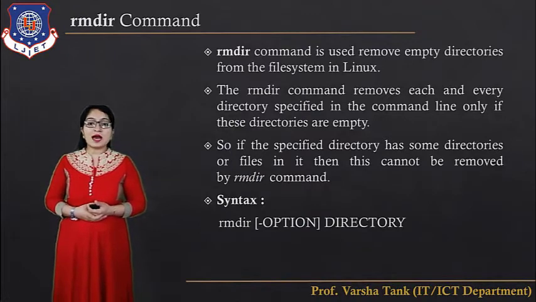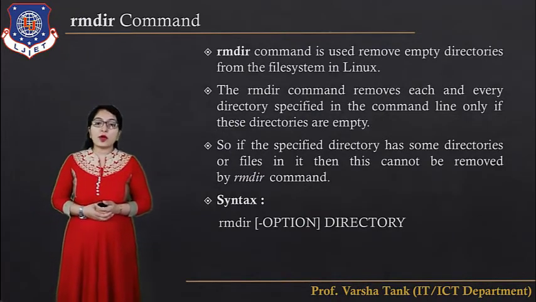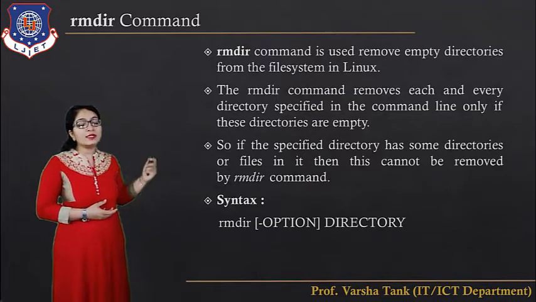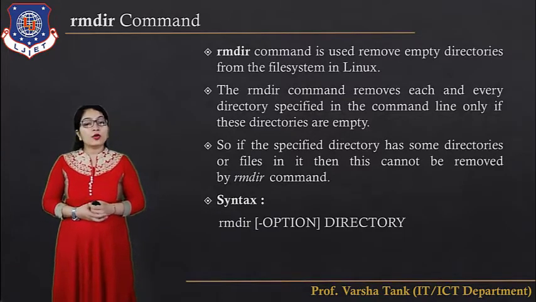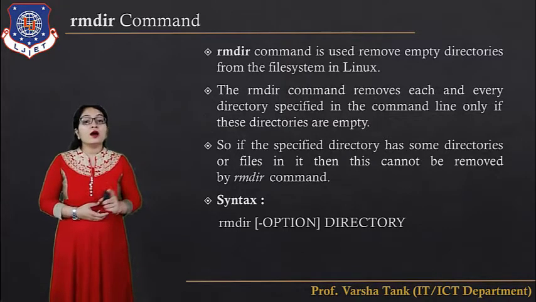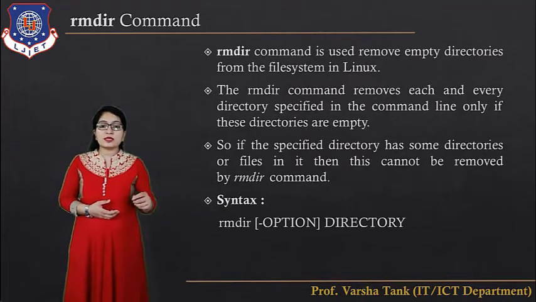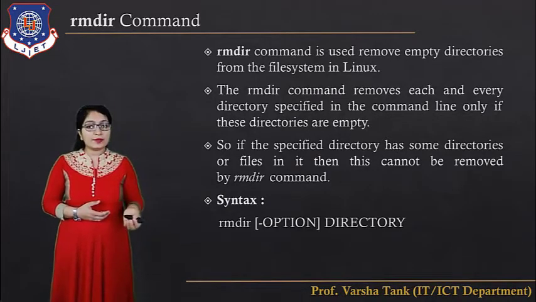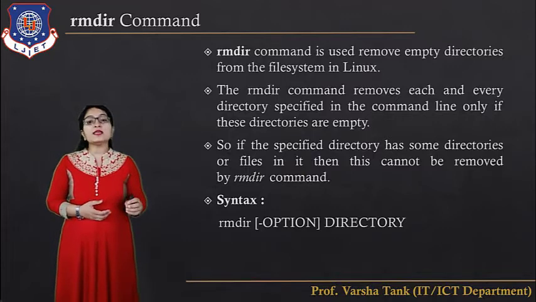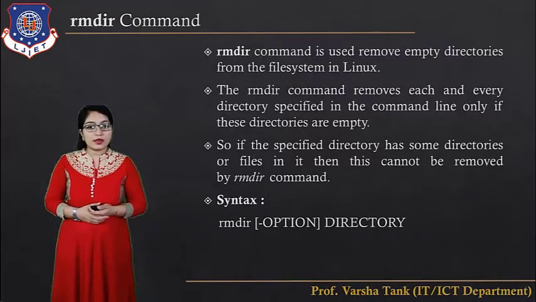Now next one is the rmdir command. The rmdir command is used to remove empty directories from the file system in Linux. Okay, so rmdir is used to remove the empty directory. If the directory is filled, that means if any content is there, for example, any text file or PDF file, if anything is there in the directory, this rmdir command will not delete that directory.